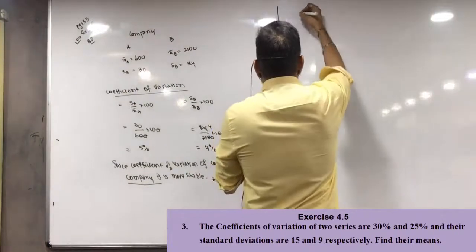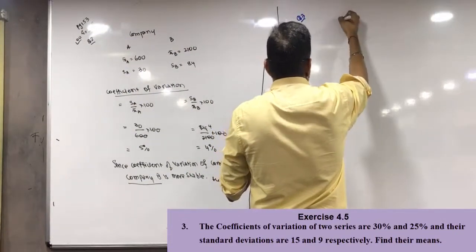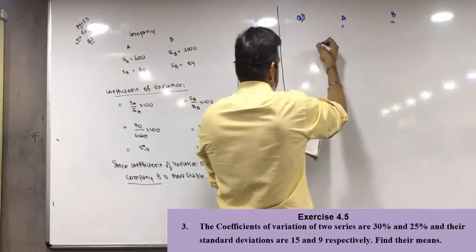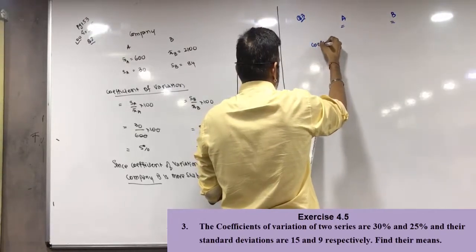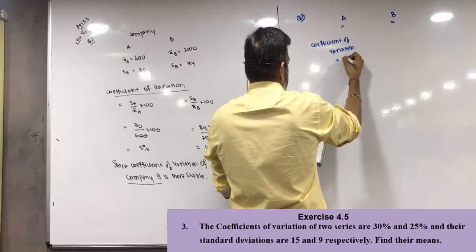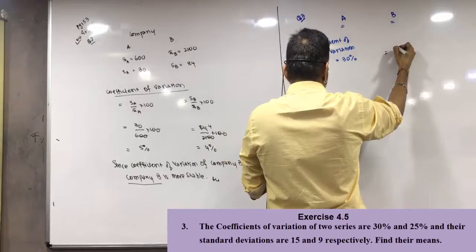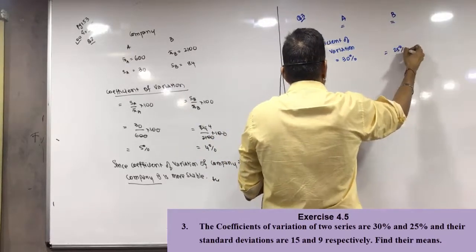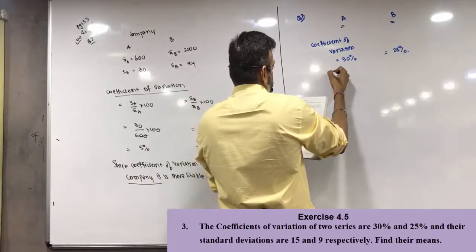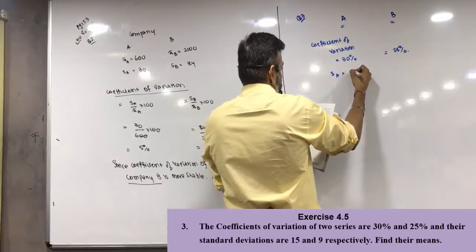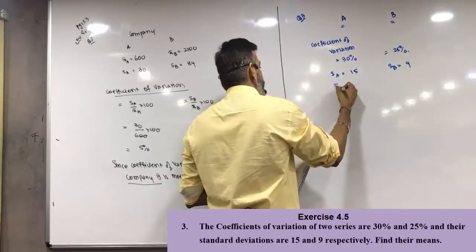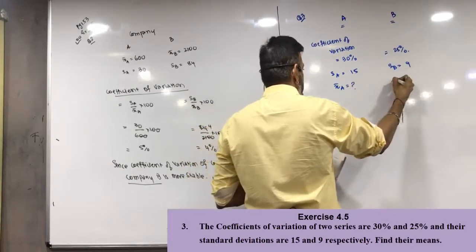Two series, so we say series A and series B. Coefficient of variation of A is equal to 30% and of B is equal to 25%. Standard deviation of A is 15 and standard deviation of B is equal to 9. We have to find mean of A and mean of B.